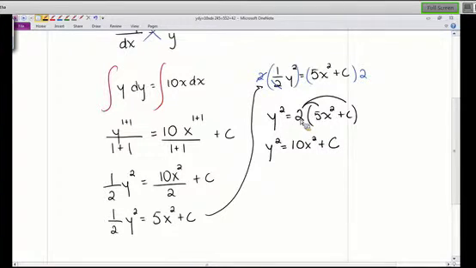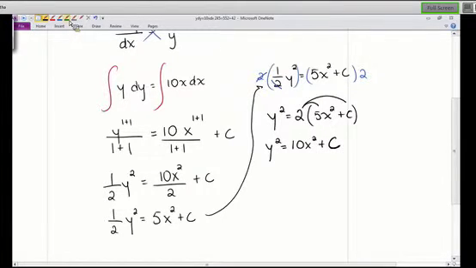So 2 times c, some other number, is going to give us another number. So we're just going to leave that in terms of c. Any questions up to here? A constant times another constant is just a constant.